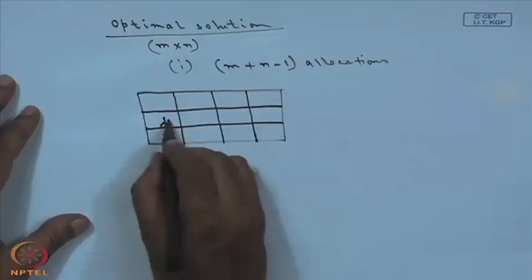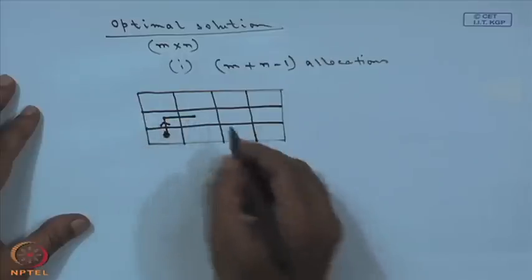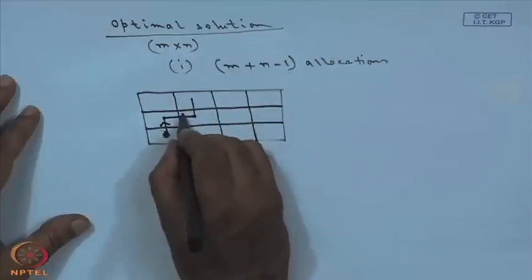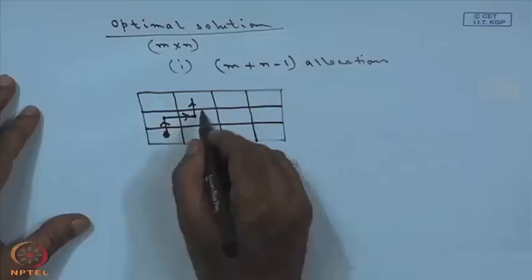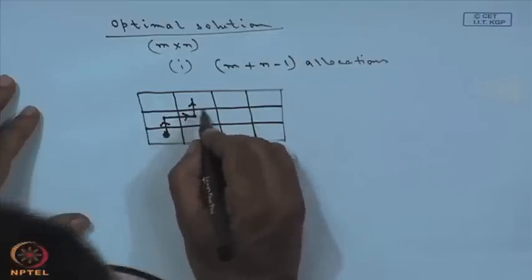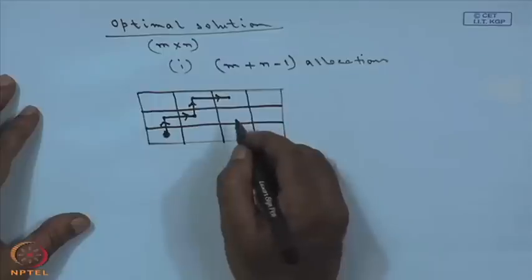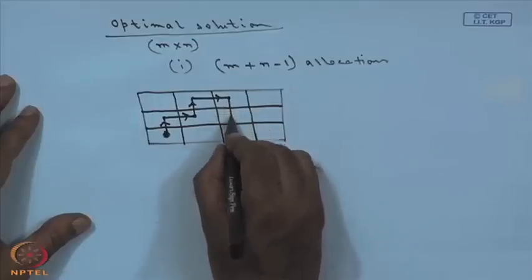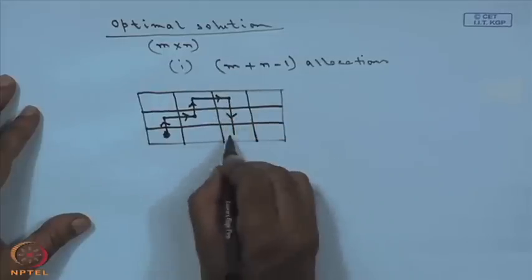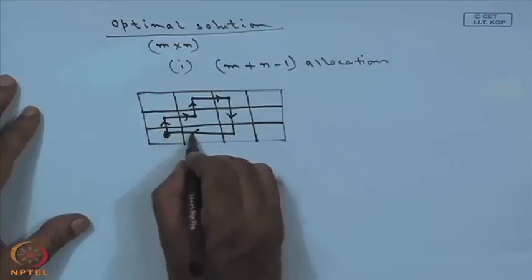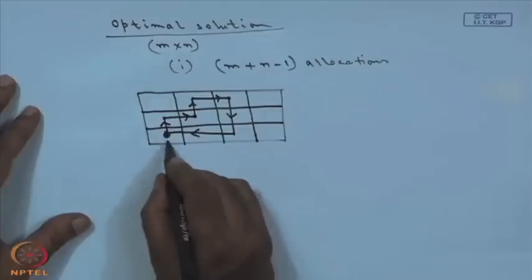From cell 2 1 I am moving to the cell 2 2, and then from cell 2 2 I am moving to the cell 1 2. From 1 2 I am moving to the cell 1 3. From cell 1 3 you are coming to cell 3 4, and from 3 4 you can go back to the original cell, that is 3 1.